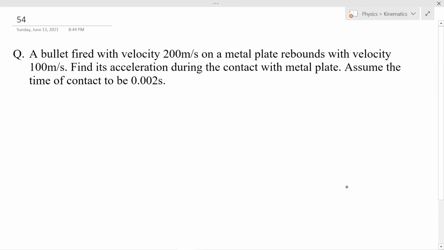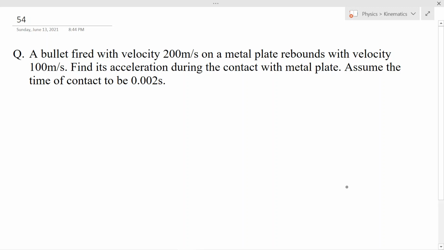A bullet fired with the velocity 200 meter per second on a metal plate rebounds with the velocity 100 meter per second. Find its acceleration during the contact with the metal plate. Assume the time of contact to be 0.002 seconds.